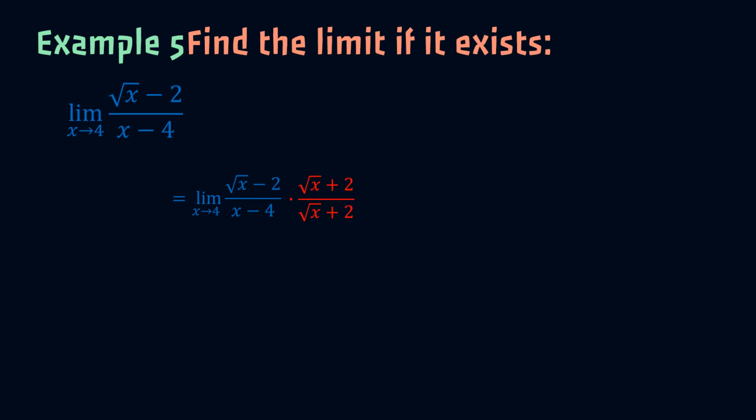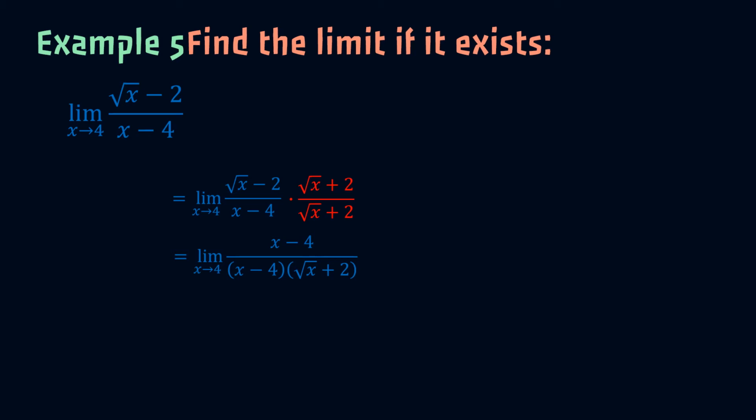At the bottom, there's nothing more to do than leave the product indicated: x minus 4 times square root of x plus 2. So this is what we get: the limit as x gets close to 4 of (x minus 4) over (x minus 4)(square root of x plus 2).